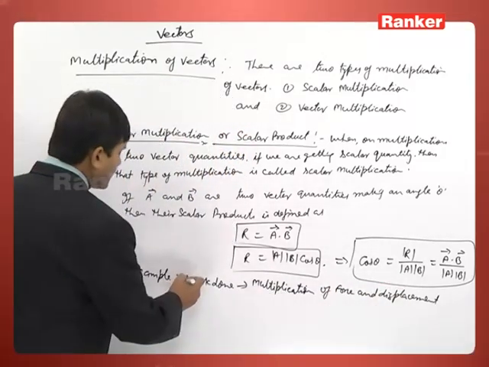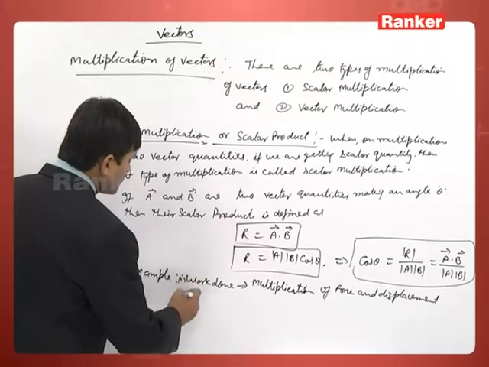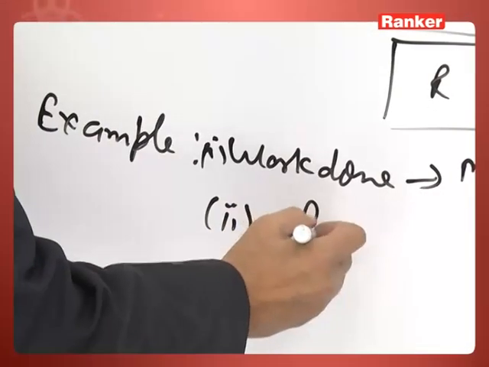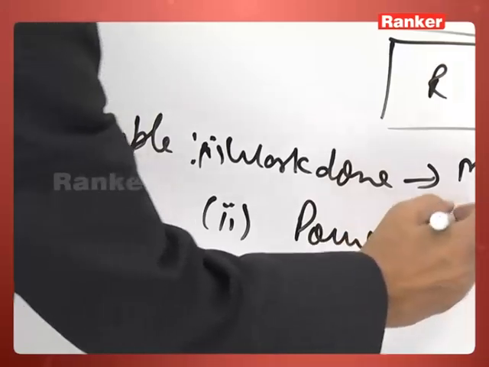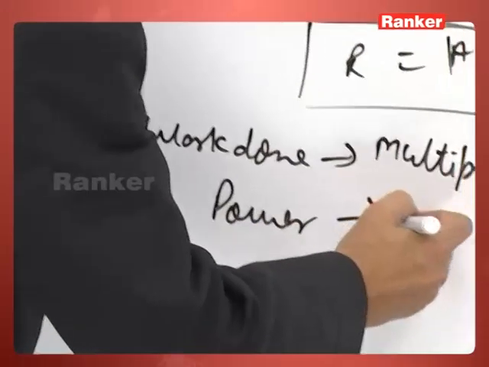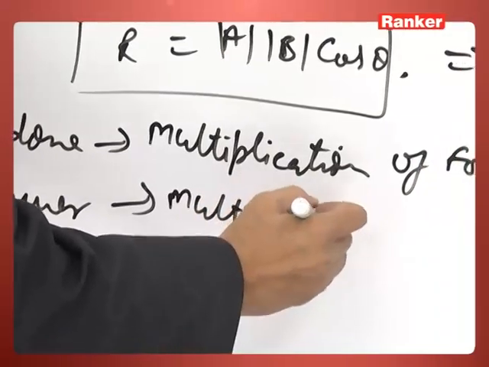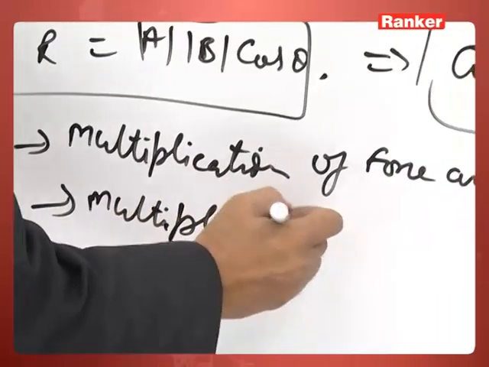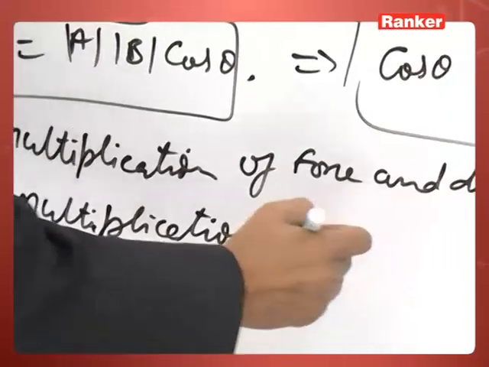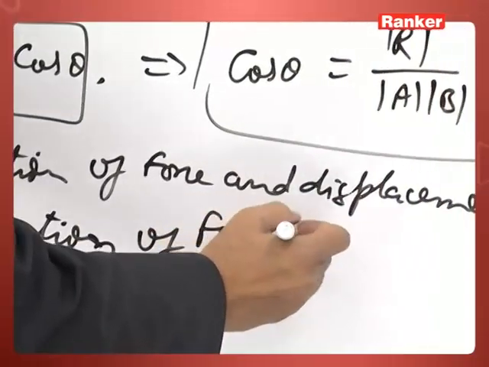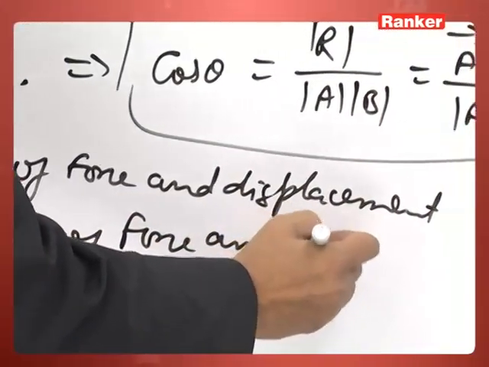Similarly, another example is power. Power is also the multiplication of force and velocity.